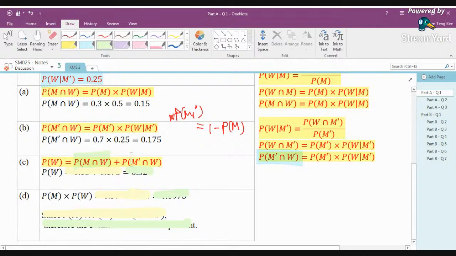The other one is P(M prime intersect W), which are the results that we have in part A and part B. So when we calculate P(W), we sum up these two probabilities from part A and part B. Therefore, we have 0.15 from part A and 0.175 from part B. Summed up, it gives us 0.325.